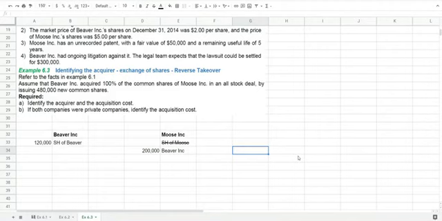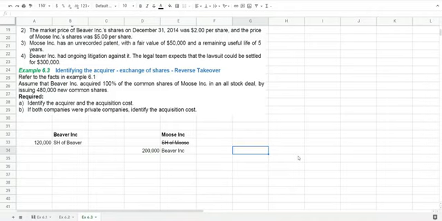And what has Beaver done? Beaver has not paid cash here. Instead of paying cash, Beaver has issued 480,000 new common shares. So those common shares, who were they issued to? It's an all stock deal, okay? So that is clear that they didn't actually go sell the shares in the open market and use the cash to buy the shares of Moose. They actually issued the shares to someone.